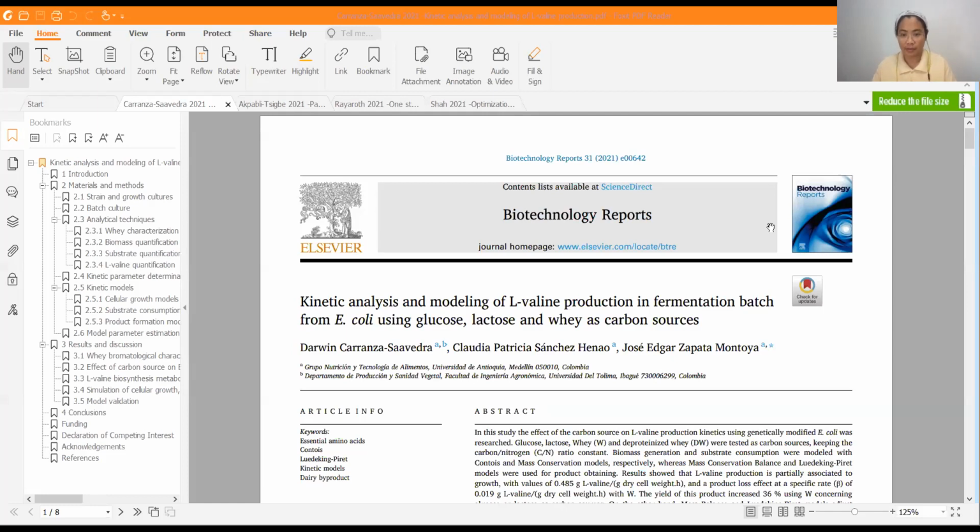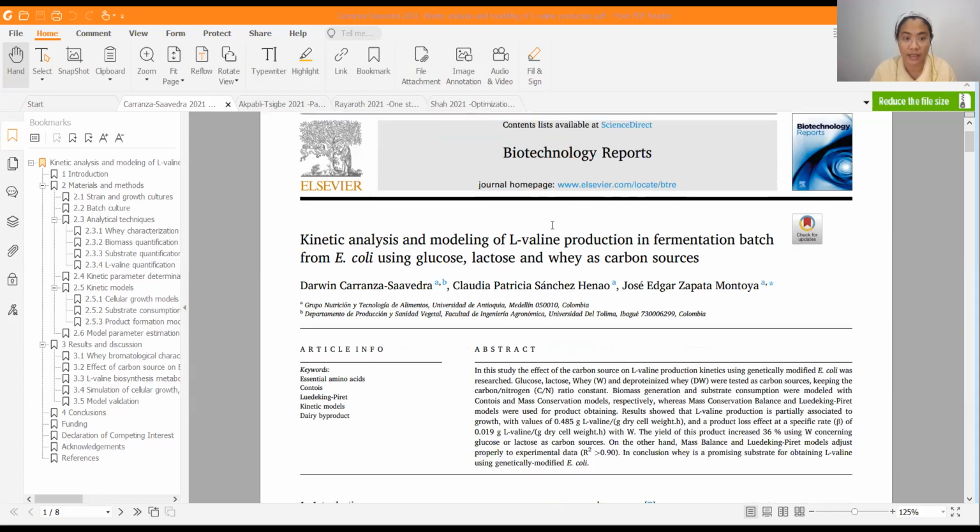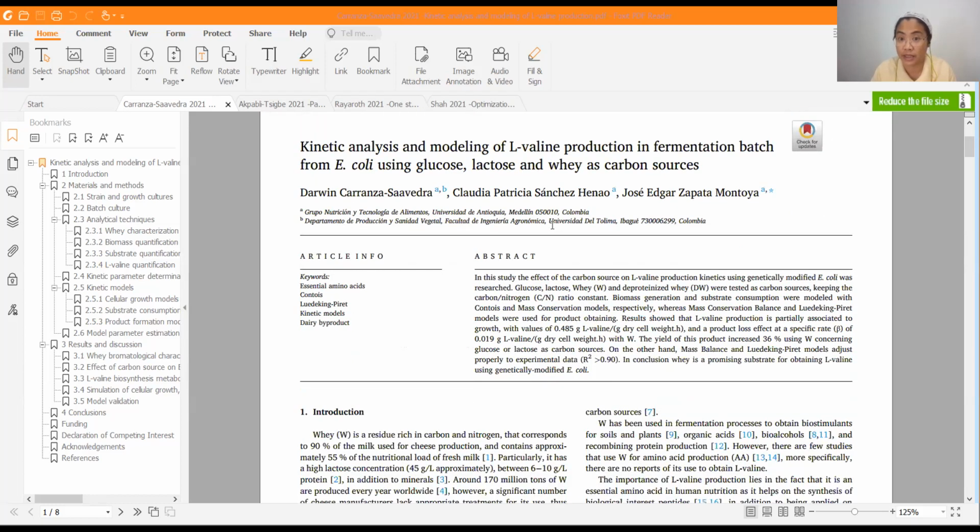So the first paper is the one from Biotechnology Reports, and it's about kinetic analysis and modeling of alkaline production.